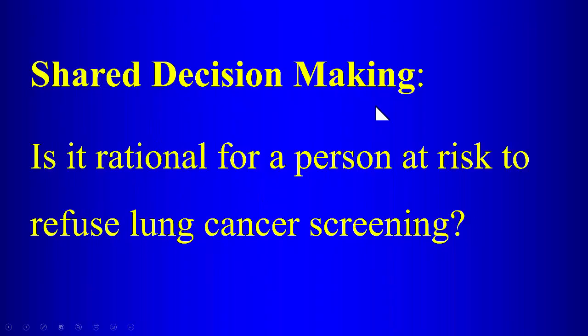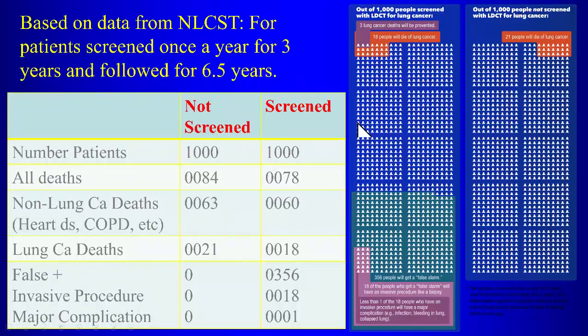Now, this also requires shared decision-making in terms of when the study is ordered. So you might ask the question, is it rational for a person at risk to refuse lung cancer screening? This is something that is supposed to be discussed with the patients, talking about the benefits and the risks of screening. There's a very interesting card that actually is put out here where it can help in terms of understanding the statistics.